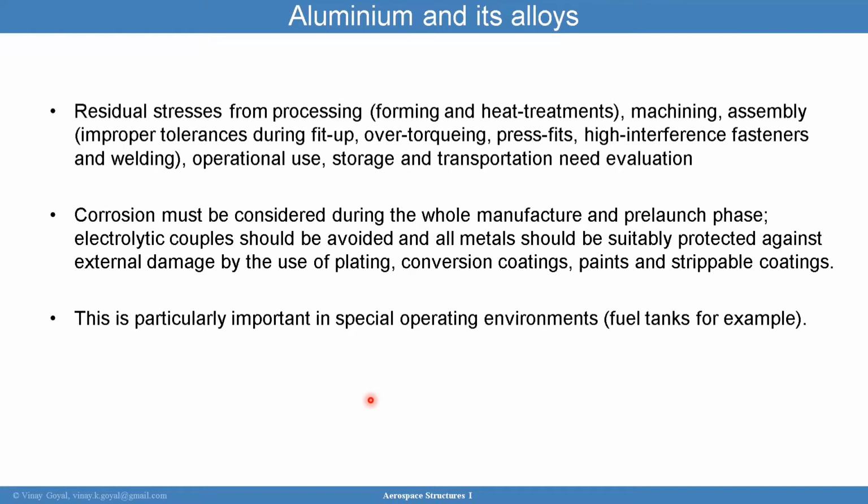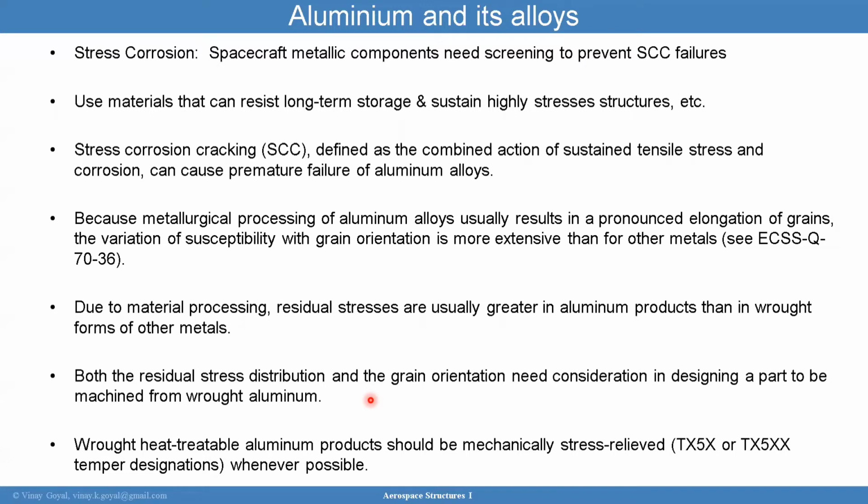This is particularly important in special operating environments, fuel tanks as an example. So I already covered stress corrosion and stress corrosion cracking. The one thing I want to point out is that in stress corrosion, spacecraft metallic components need to be screened carefully to prevent SCC, which is stress corrosion cracking.